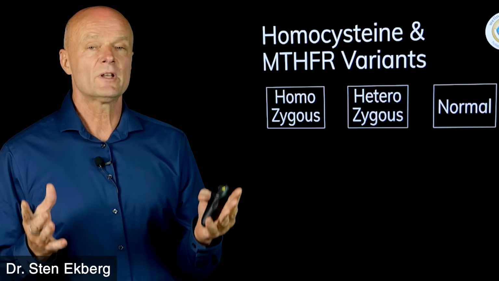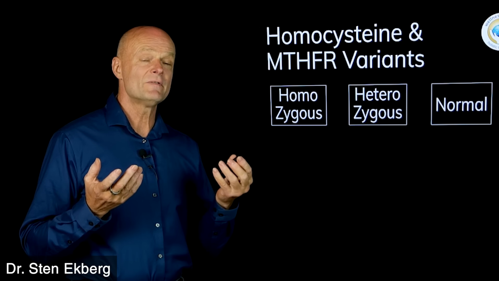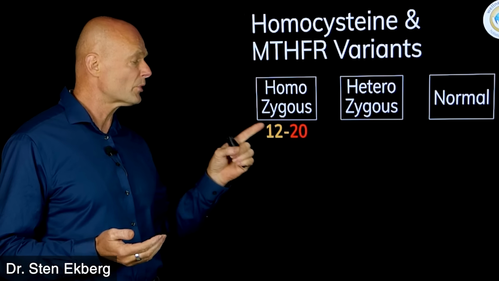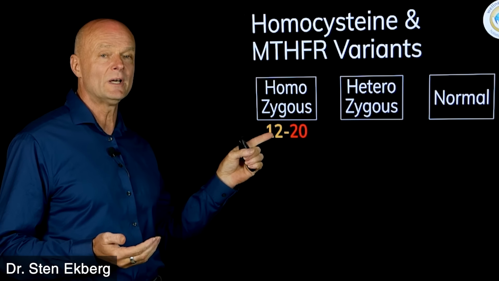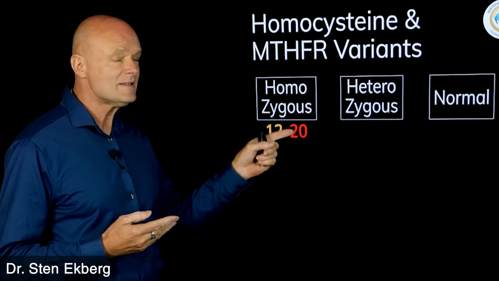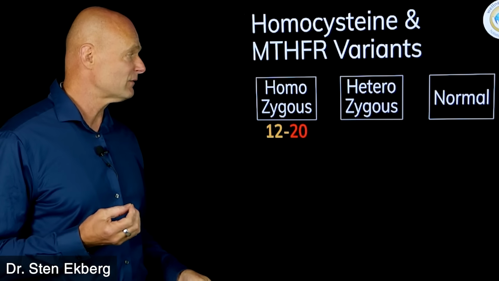And if you're normal, then all of them are working the way they're supposed to. These numbers are not written in stone because there are lots of variables, which we're going to talk about. But typically, if you're homozygous, you'd probably get a value between 12, which would be too high but not flagged, and 20, which is significantly above the level that gets flagged.